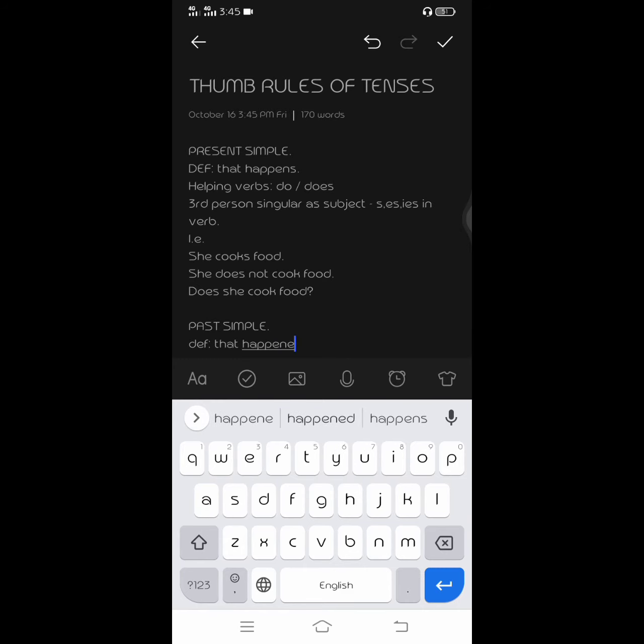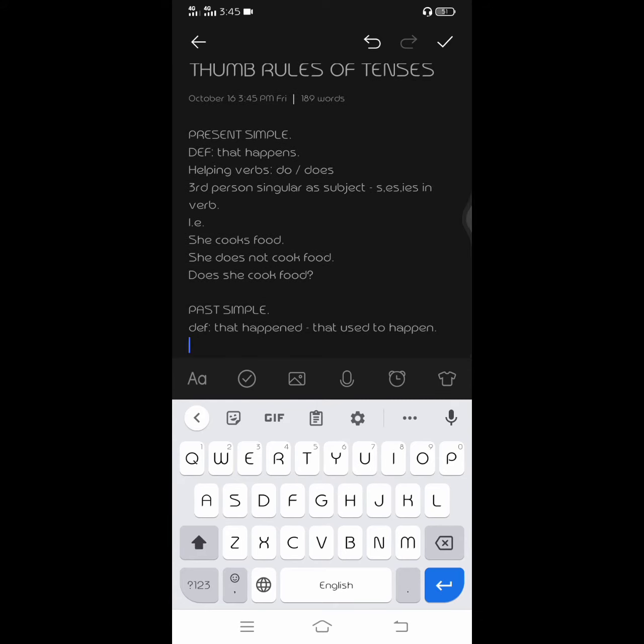That happened means जो काम हुआ था, अब कभी भी हुआ था, whenever it happened, however it happened, you are going to use past simple tense. And there is another way we use past simple tense when we talk about that used to happen, which means जो आपकी पास की hobbies थी, जो आप किया करते थे.